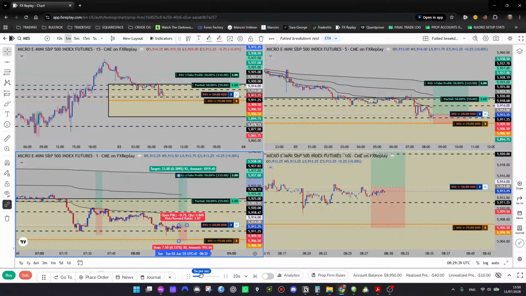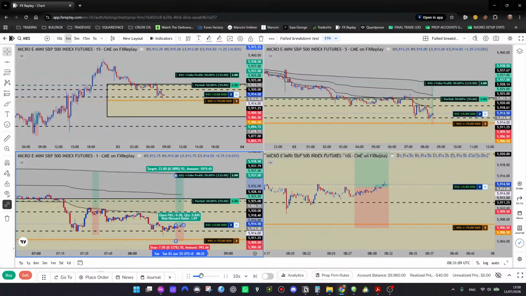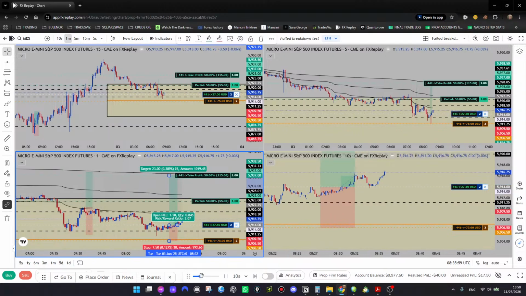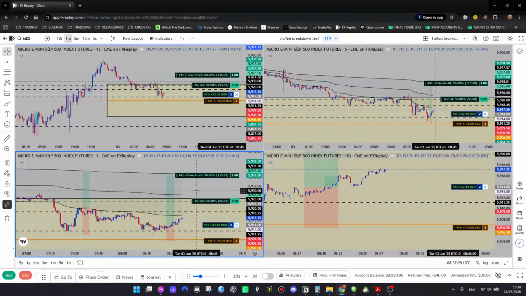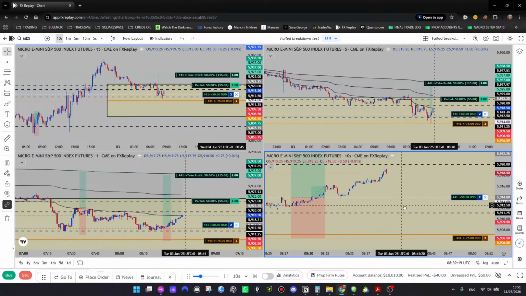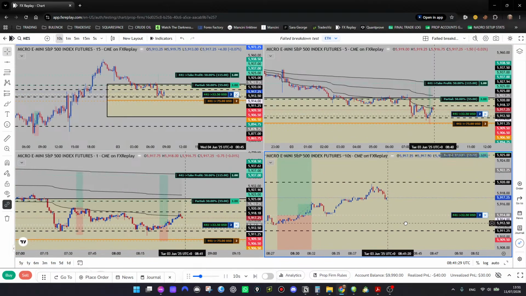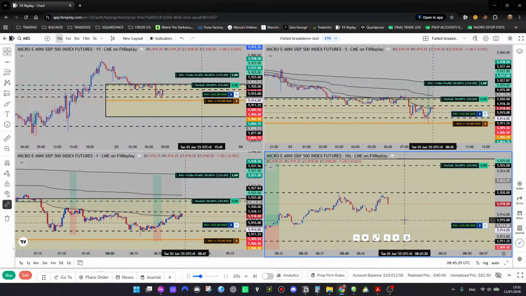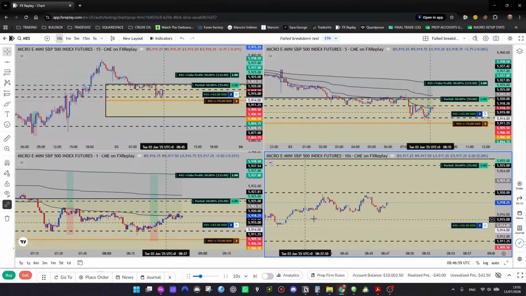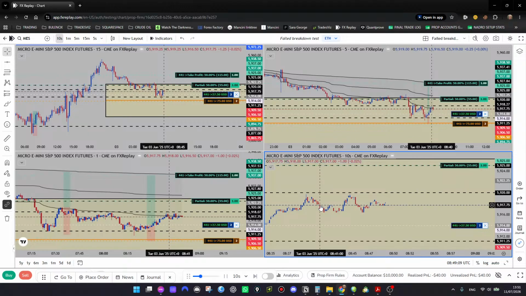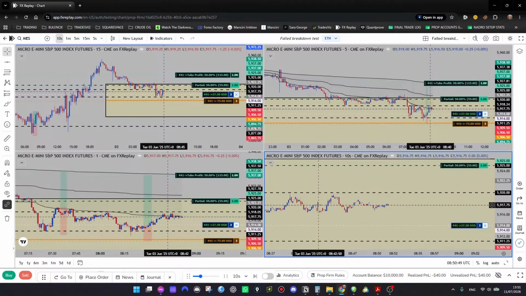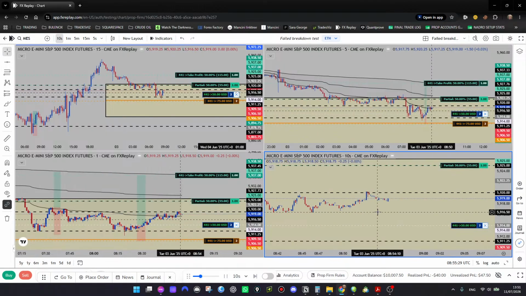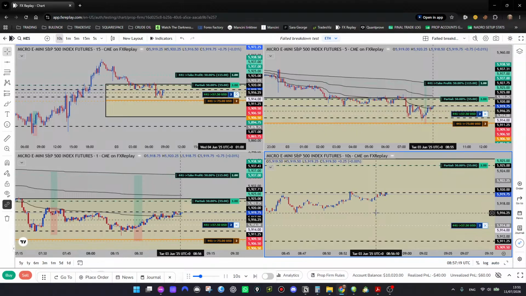Go a little faster. So we see it took a lot of time to actually accept the level. DVA low. Let's see if it's going to get accepted. It's going inside, or is trying to at least. We see price is trying to push very slowly.